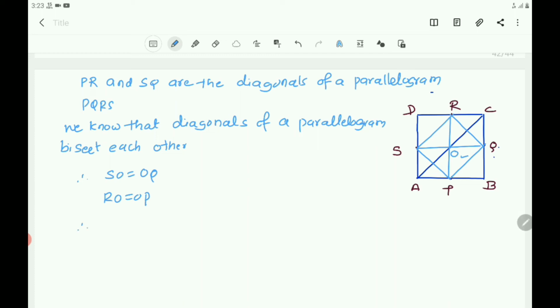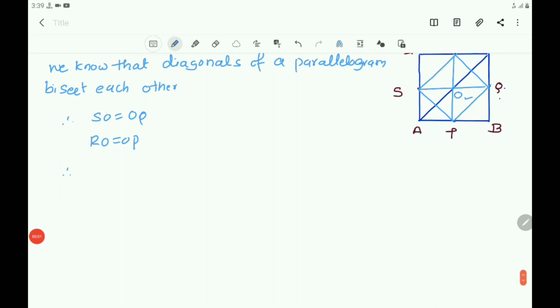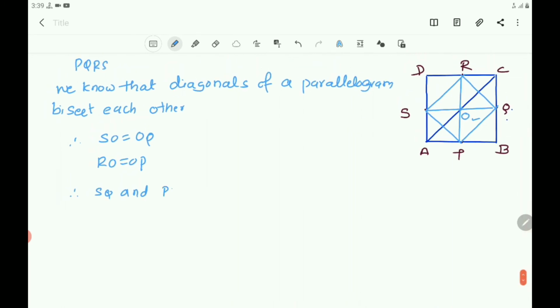Therefore, according to the question, the line segments joining the midpoints of the opposite sides of a quadrilateral bisect each other. Here, SO equals OQ means O is the midpoint of SQ, and RO equals OP means O is the midpoint of PR. Therefore, SQ and PR bisect each other.